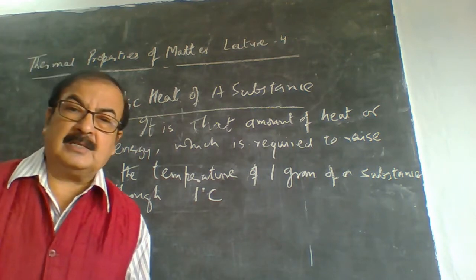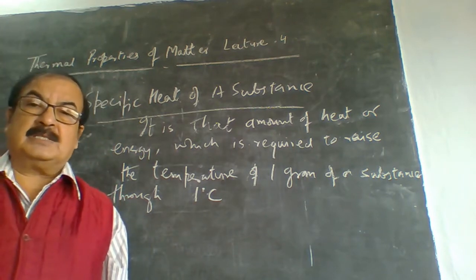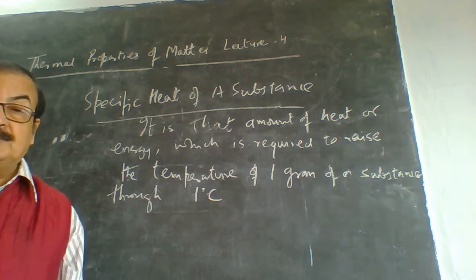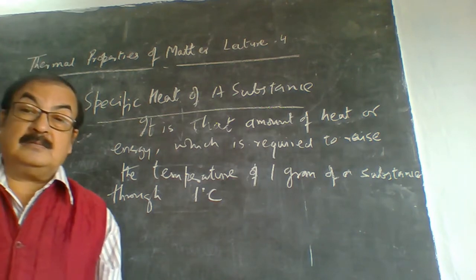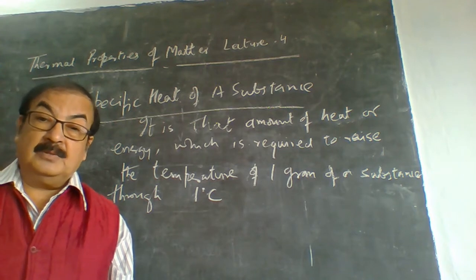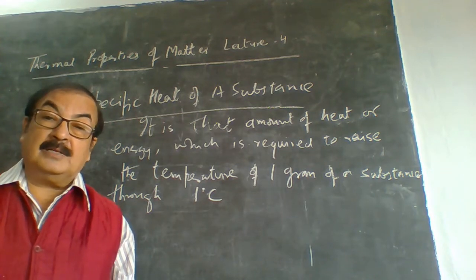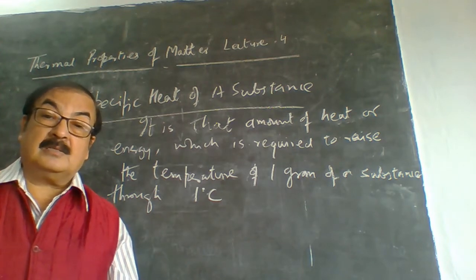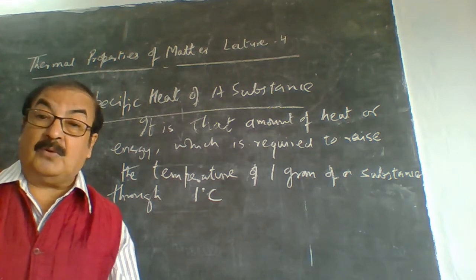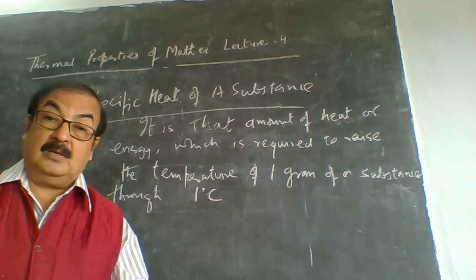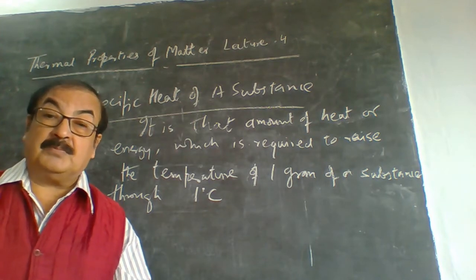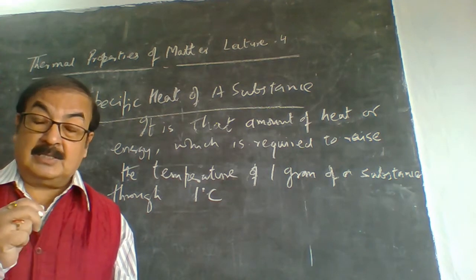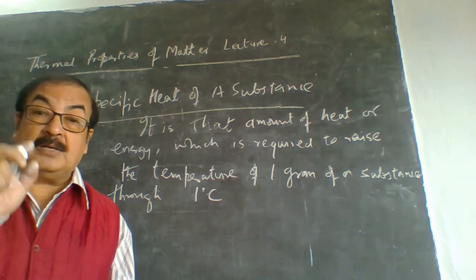You can see that in the previous lecture, in lecture 1 especially, we discussed the definition of calorie. Calorie is the unit of heat that we know, and there we discussed 1 calorie is that amount of heat which is required to raise the temperature of 1 gram of water from 14.5 degrees to 15.5 degrees Celsius. That was a specific range, although it is 1 degree Celsius, but that is for 1 gram of water.